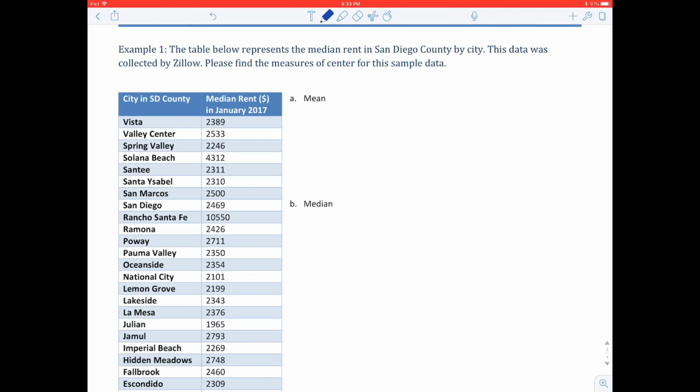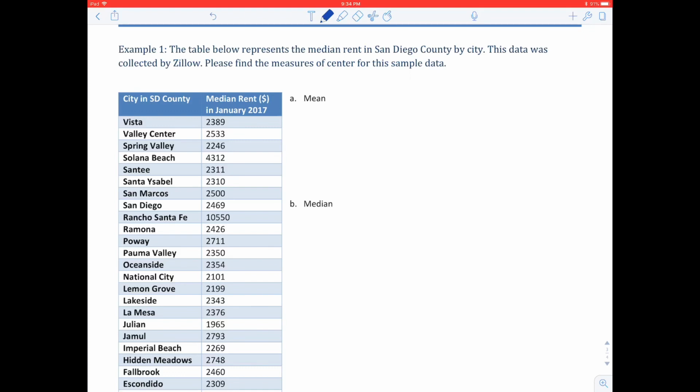So just to let you know, each of these measures is actually a measure of center. The 2,389 that you see here for Vista is the median amount of rent that a person would pay in Vista, etc. So with the mean, what should we do?